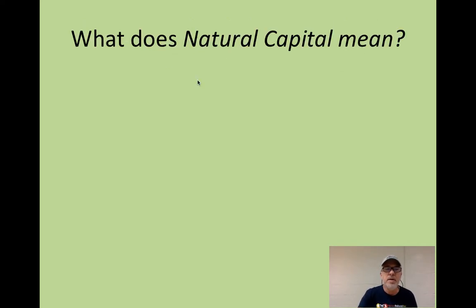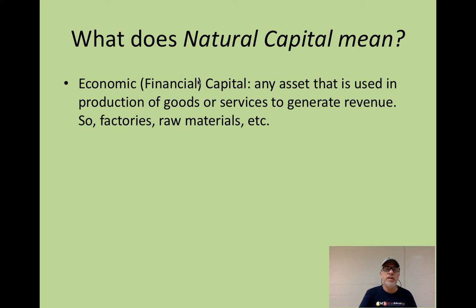What does it mean? Well, let's first look back and see where it comes from. In economics, we have this idea of capital being any asset that is used in the production of goods or services that themselves are used to generate revenue. So factories, raw materials, the machines in the factory are all examples of capital in the broadest, most abstract sense.